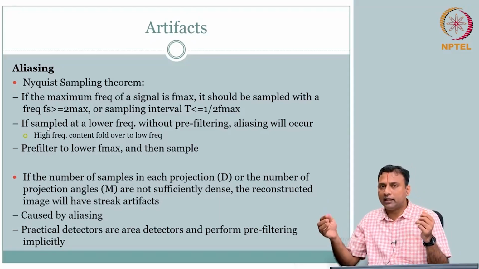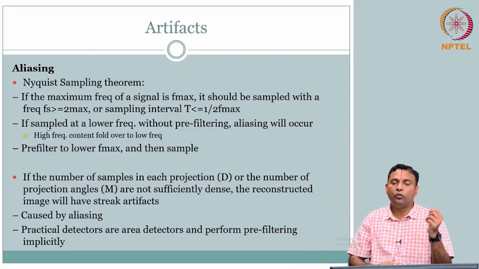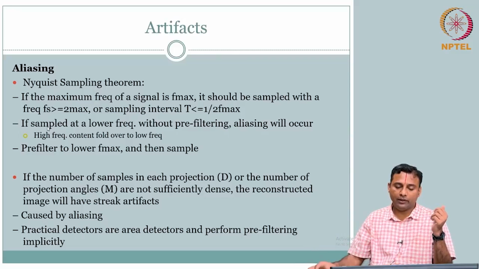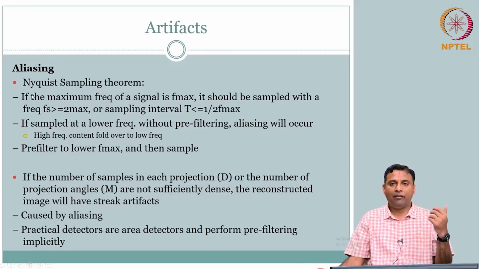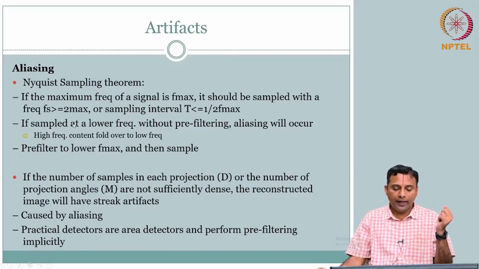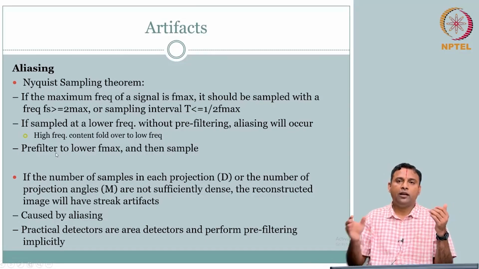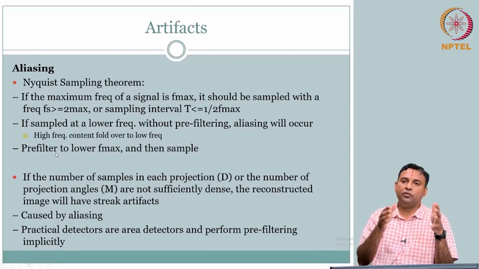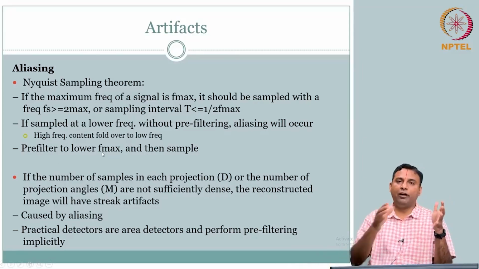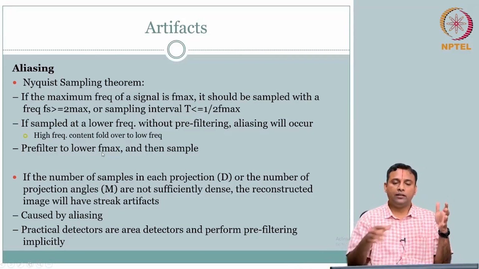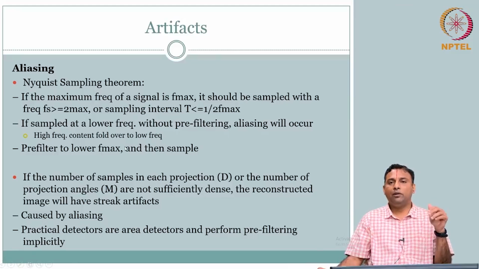Your high frequency content might be wrapped into your low frequency. So how do you avoid that? We need to do some anti-aliasing. So if you can apply this filter with some cutoff f max before you sample, then you are ensuring that wrapping around is not taking place.